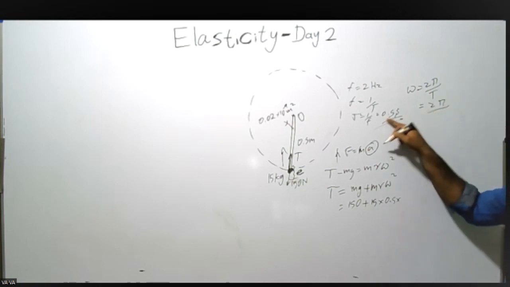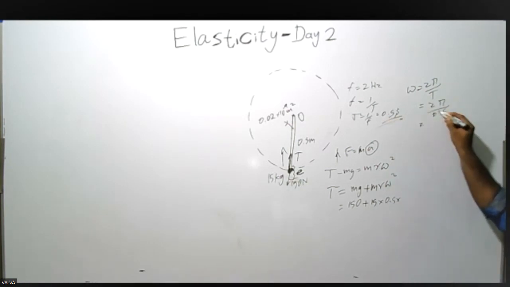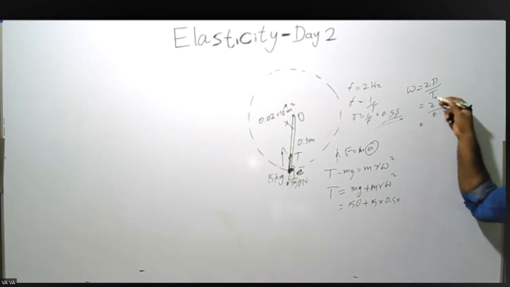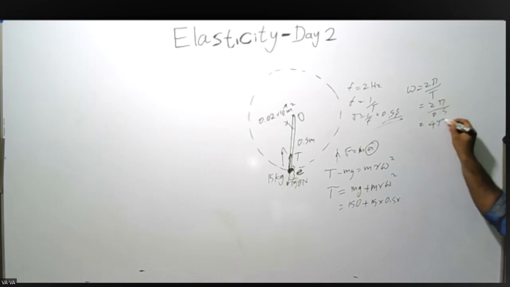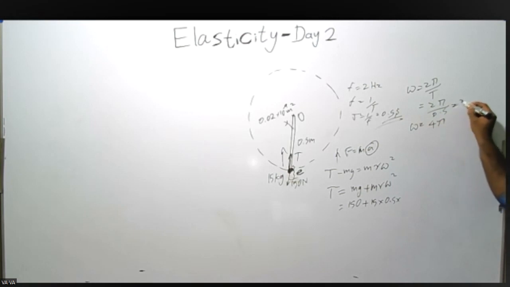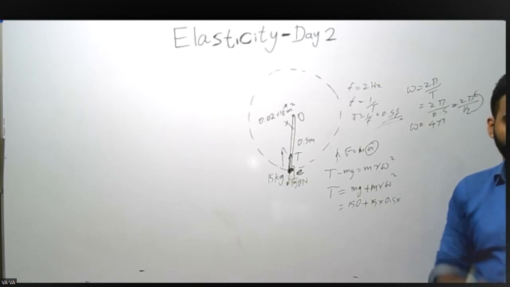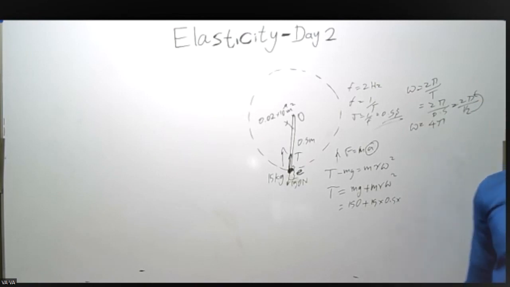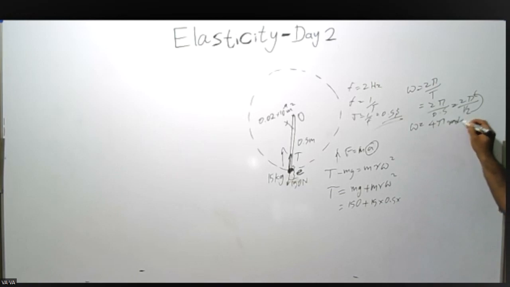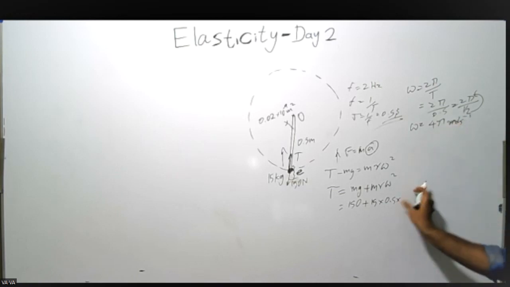Time period is 0.5, right? Which is 1 over 2. It goes up, becomes 4 pi. 2 pi divided by 1 over 2, 2 goes up. So omega is 4 pi rad per second, which you can substitute here.